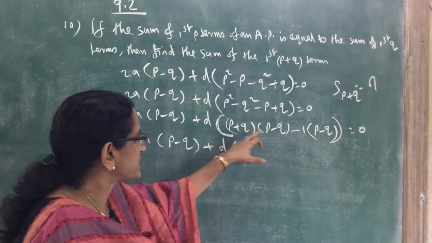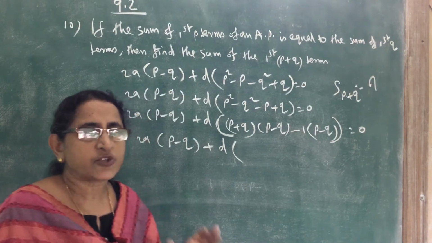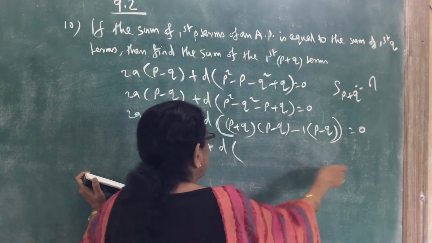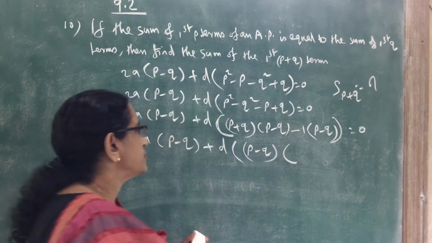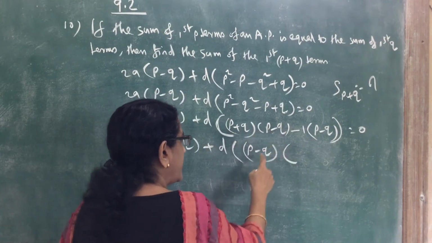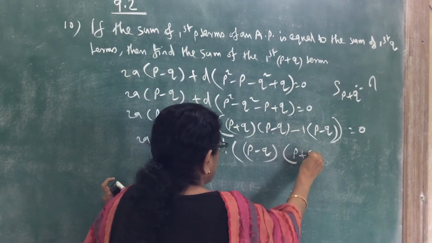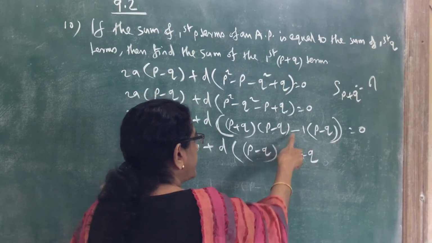See here, (p plus q) into (p minus q), here minus 1 into (p minus q). So p minus q we can take as common factor from these two terms. From the first term we have taken p minus q common factor, so remaining p plus q. Then from this term we have taken p minus q common factor, remaining minus 1.